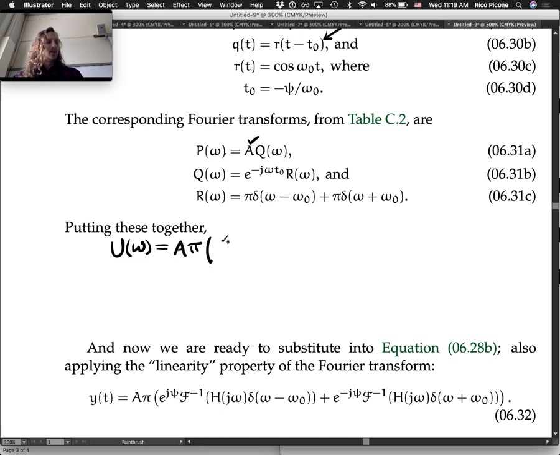We plug in our t naught, and it becomes plus because our t naught is negative, right?